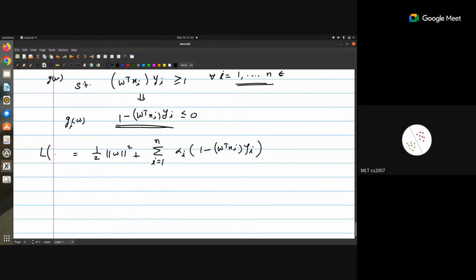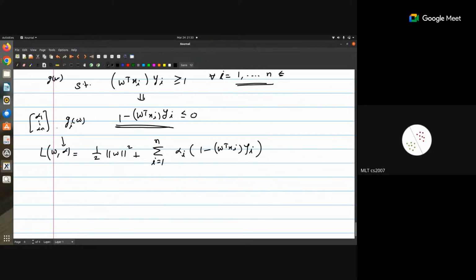In the Lagrangian function, w, we know, is a vector. What is the dimension of w? It is d, because each of our data points is in d dimensions. And what is the dimension of alpha? Alpha is also a vector, in n dimensions. Why? Because n different data points are there, and each has one alpha, one constraint.